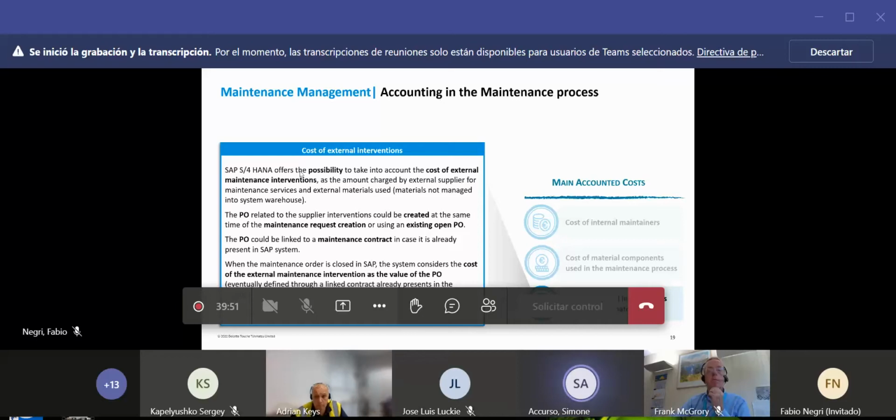Sorry, Simone, the question was about the warranty process: if from the country, the activity in order to activate the vendor for the warranty period is a standard call-off, or if you have a particular process in order to activate the vendor to manage the maintenance intervention, in case the machine is still under warranty.